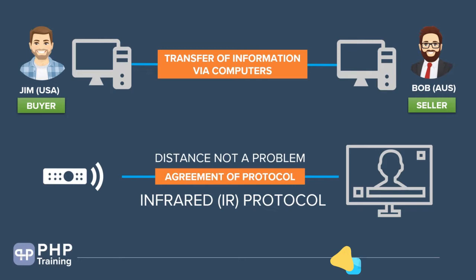But there is no distance problem between your TV remote and your TV. Obviously, if you take your remote and go out of your house and try to control your TV, it will not work because distance is a problem. That's the challenge we are trying to solve here. When there is a distance, how do they find each other and communicate? If there is no distance, then there's no problem.